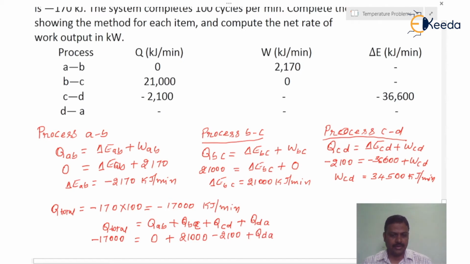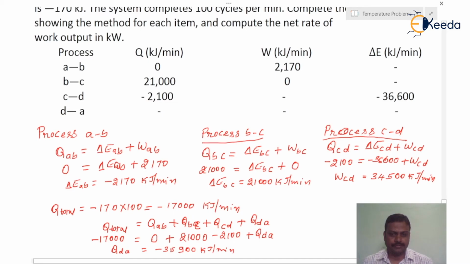So QDA equal to minus 35,900 kilojoules per minute.